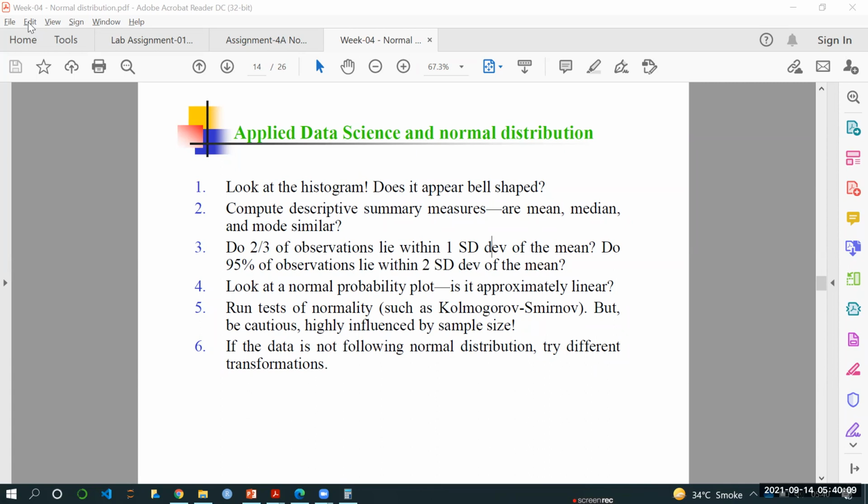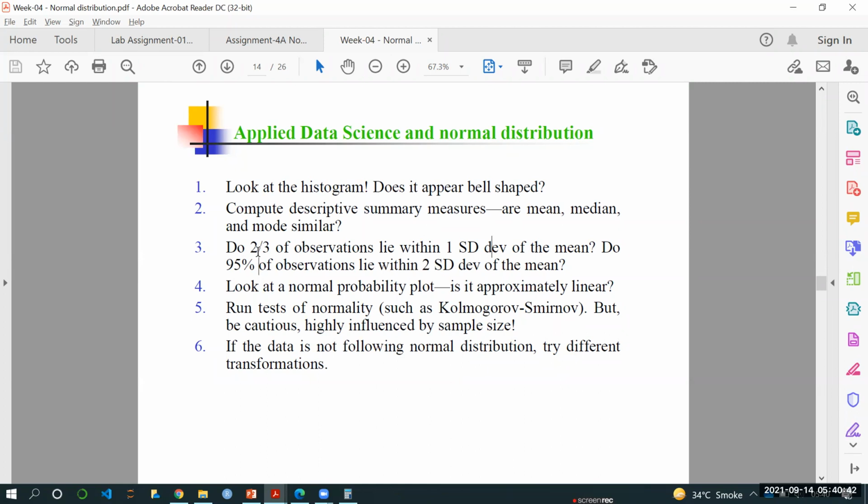Then you see the descriptive statistics. You remember from the second, third slide that if mean, median, mode are very similar to each other, that means the data might be normally distributed. The third thing that you have to check is whether approximately 68% of the observations lie within one standard deviation. If you are given data, you calculate the mean, you calculate the standard deviation, and then you do mean minus standard deviation, you will find a number.